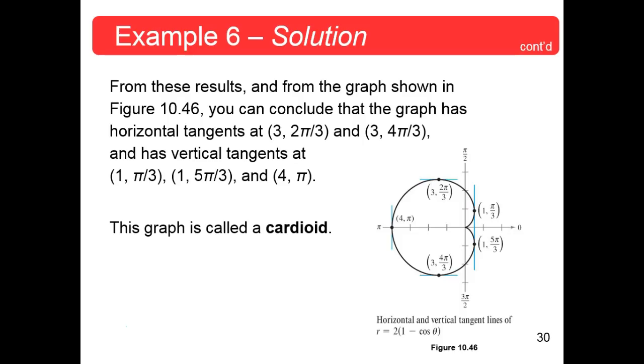All right. So horizontal tangents here and here, and what you do is go back to your function. And they didn't have it written down here. And what was it? r is equal to 2 times 1 minus cosine theta.